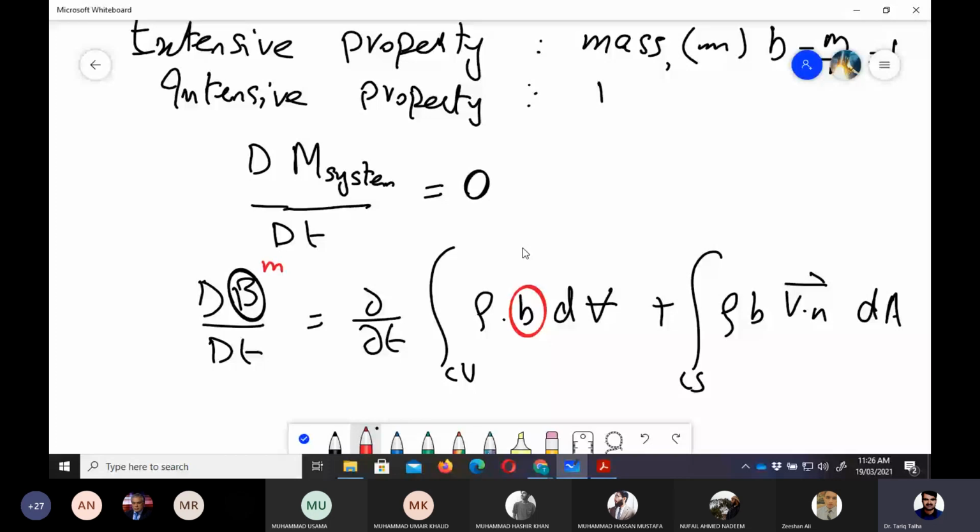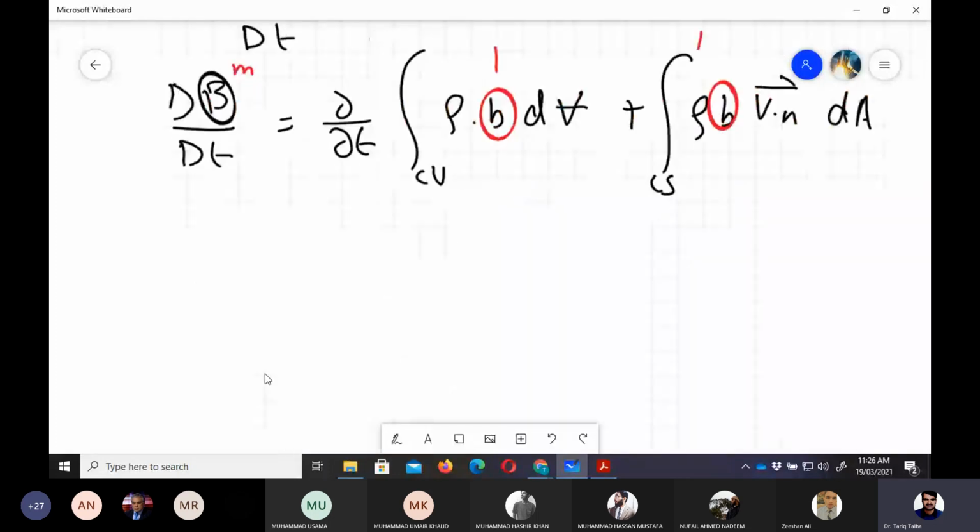Now we are going to take a differential control volume and apply it there.